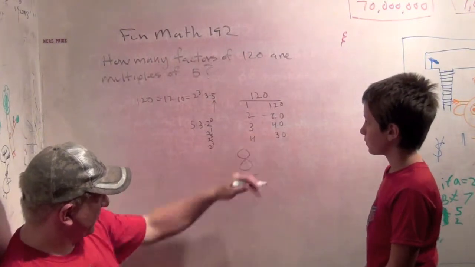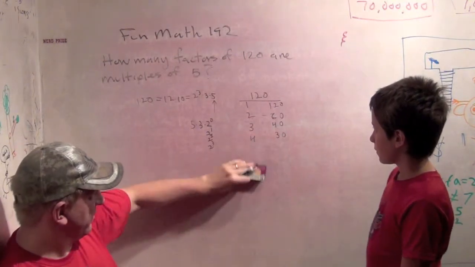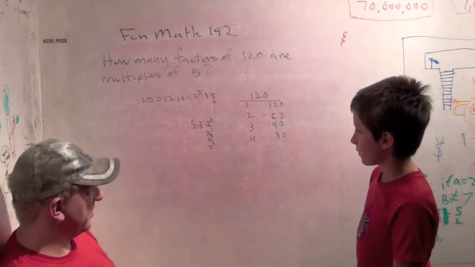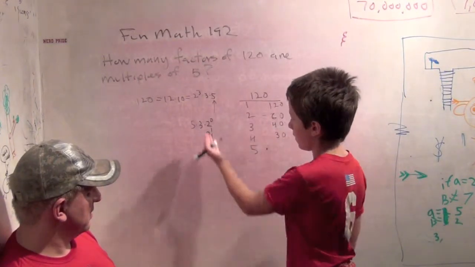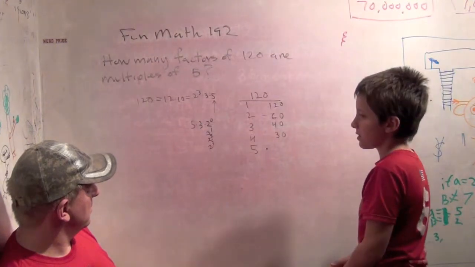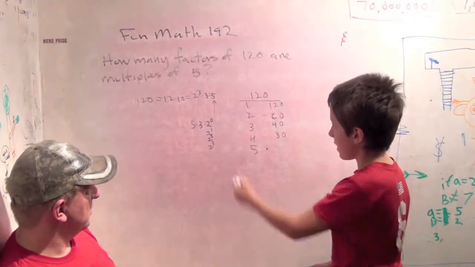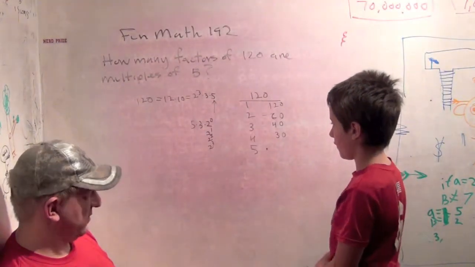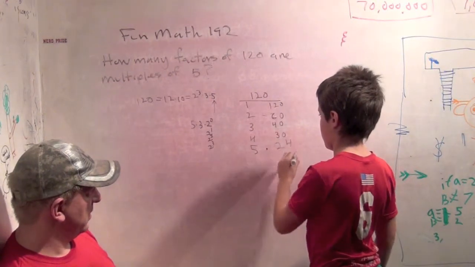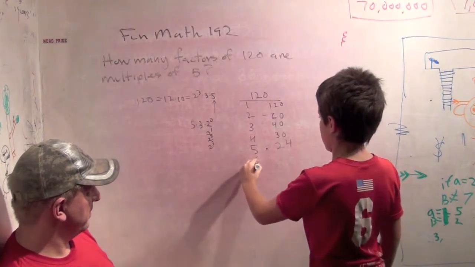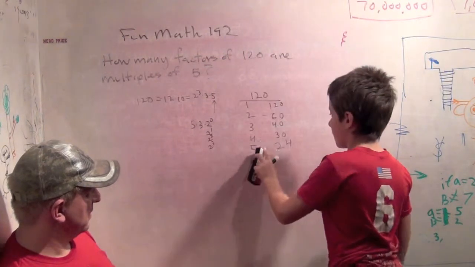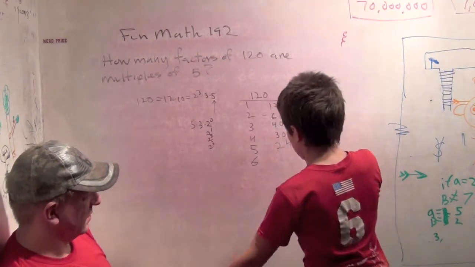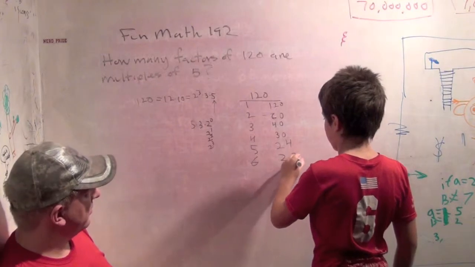Why don't you keep going with your chart here and see if we can write down all 8 of them. So what comes next? 5 times 24. 6 times 20. Does 7 go into 120?